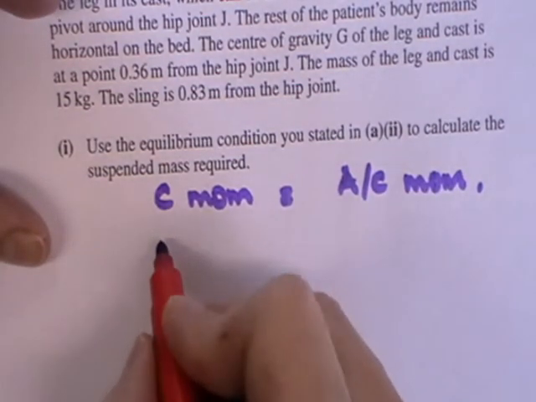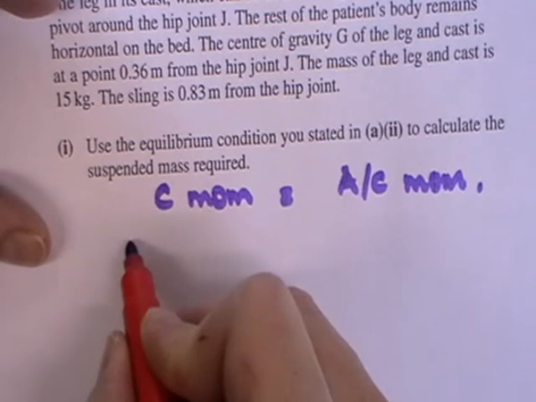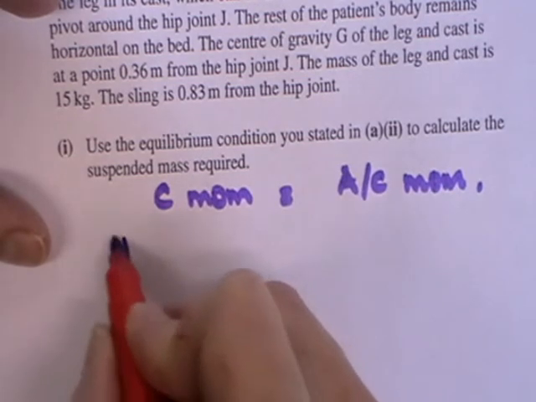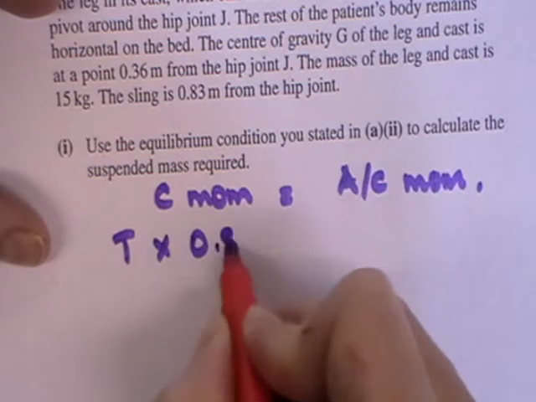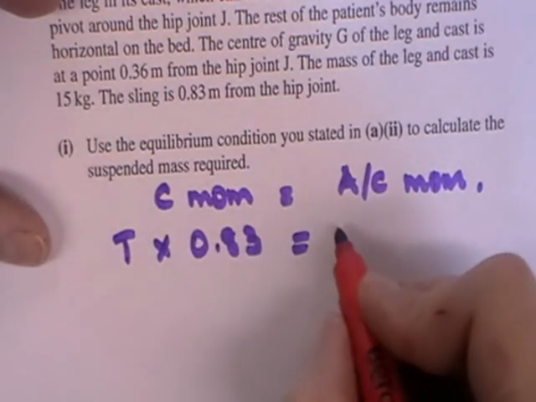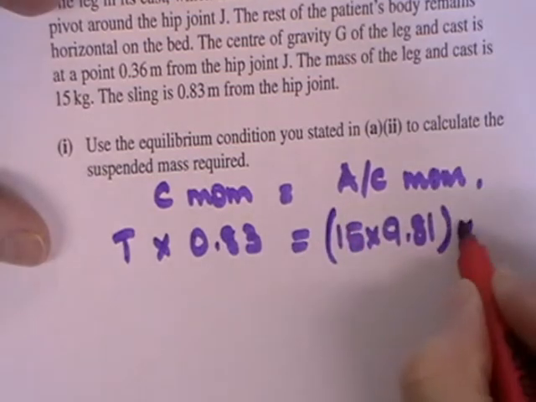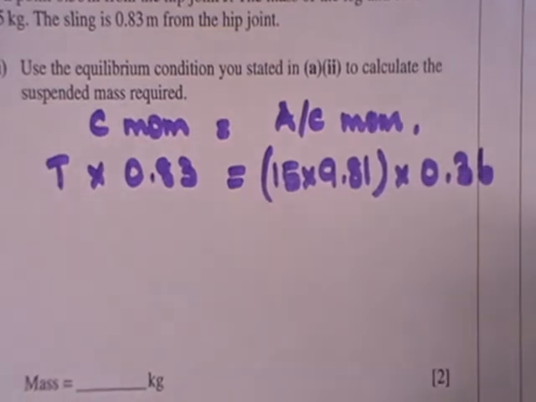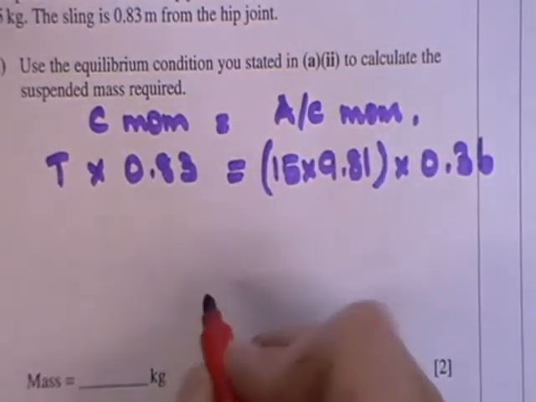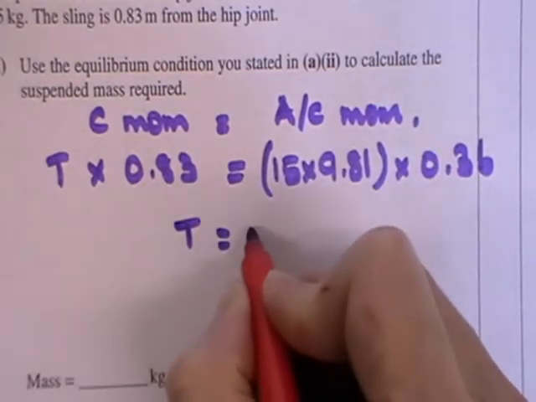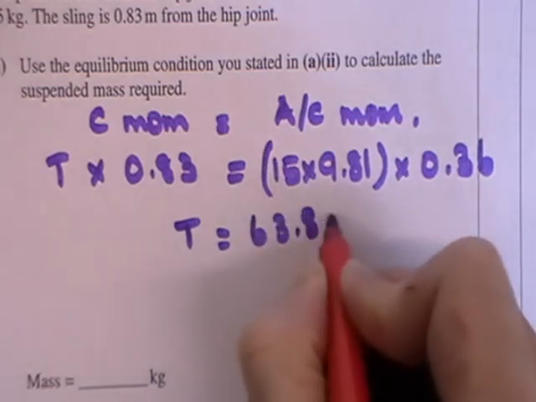And the clockwise moments is the tension force. So it's tension times 0.83. And that's equal to 15 by 9.81, the weight of the leg, and its distance is 0.36 metres from the pivot. And when you do that calculation, the tension force comes out to be 63.8 newtons.